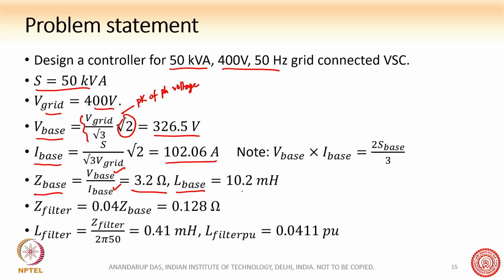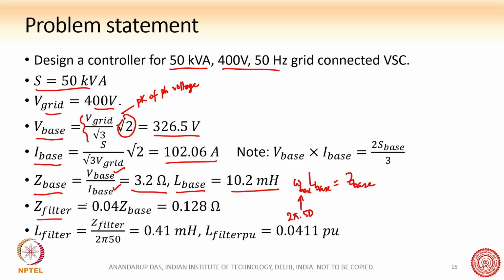And L base is 10.2 millihenry, because omega base into L base is equal to Z base, right? And omega base is equal to 2 pi into 50, okay. So L base will be obtained, and then you have the Z filtered, which is 0.04 Z base.